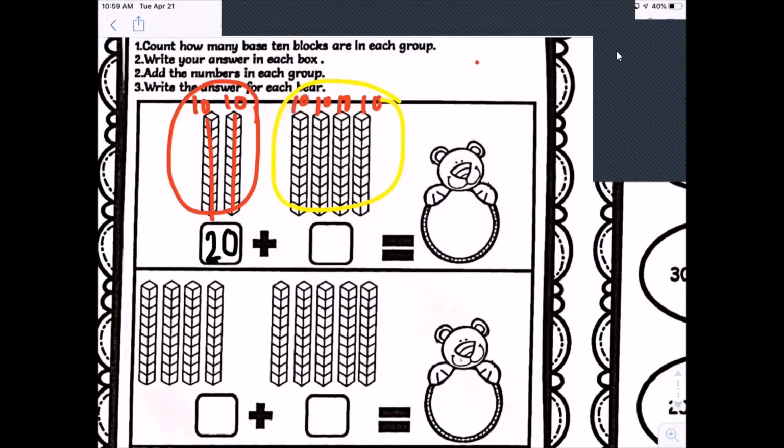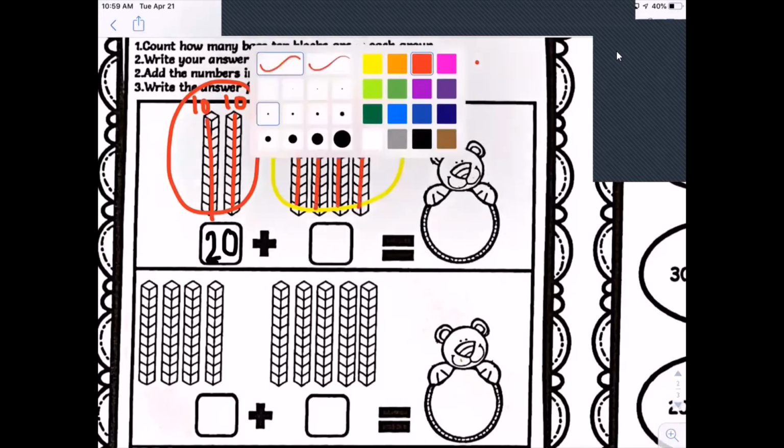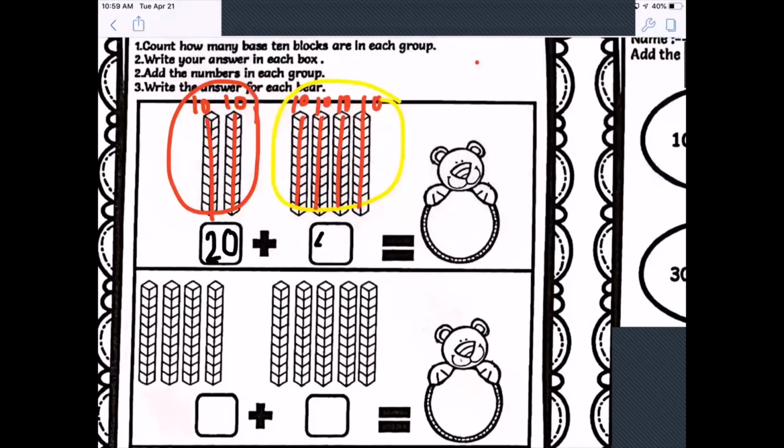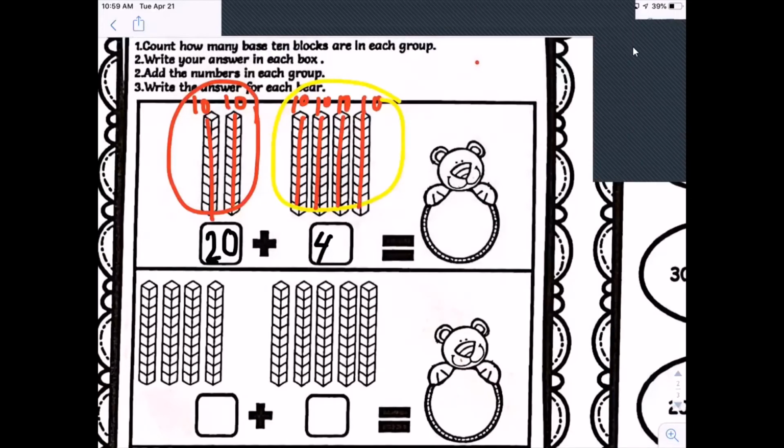Okay. I have 1, 2, 3, 4. So I have 4 groups of 10, but do I write it like that? No. What is Miss Morales missing, Angel? I need to add the what? 0. Okay. So now I have 20 plus 40 equals, and I have to write how many.